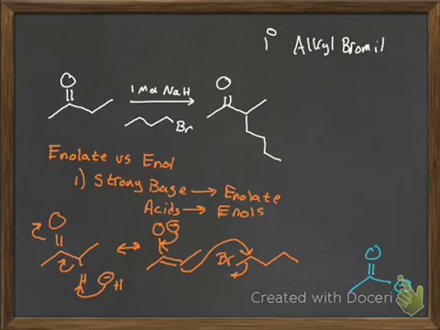Because this mechanism counts as an SN2. So you have to use primary. Secondary is occasionally acceptable. But by and large, we're looking at primary alkyl halides. So this is the mechanism here.